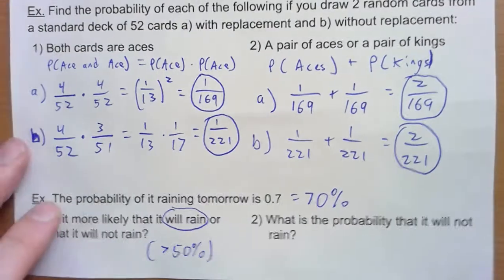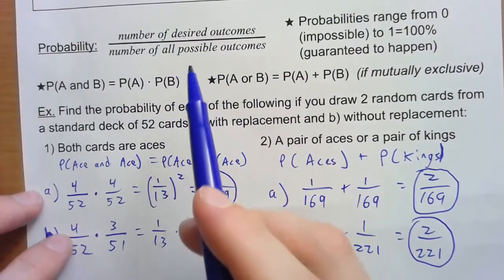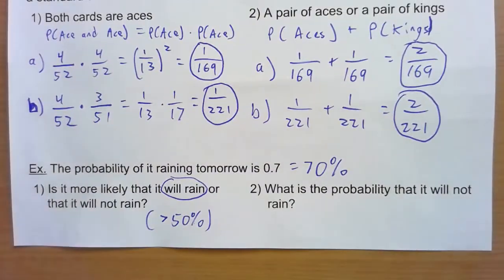And so notice here, again, this number of desired outcomes out of all the possible outcomes only works if they're equally likely. Sometimes people make the error of thinking, oh, there's two possibilities, so it's 50-50. Oh, it'll rain or it'll not rain, 50-50 chances, one chance out of two possibilities. No, that's only if they're equally likely.